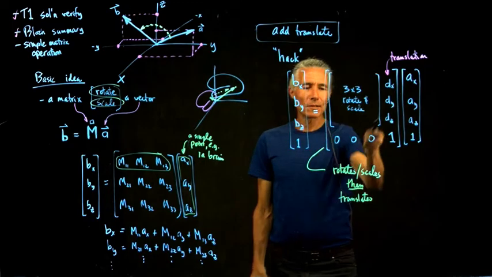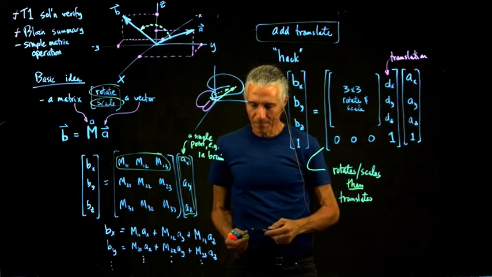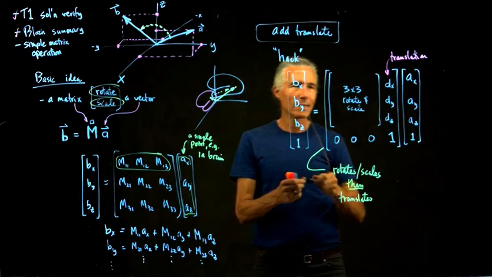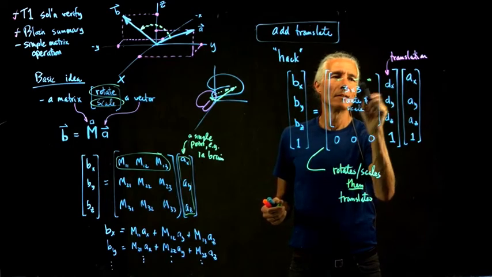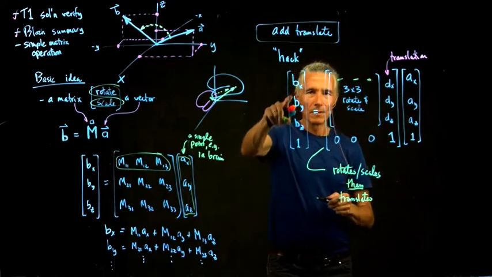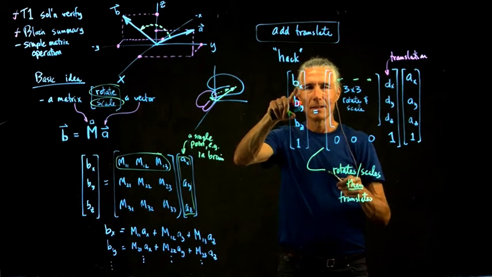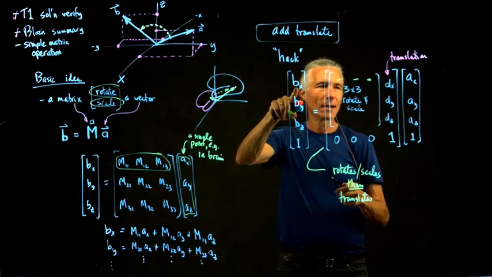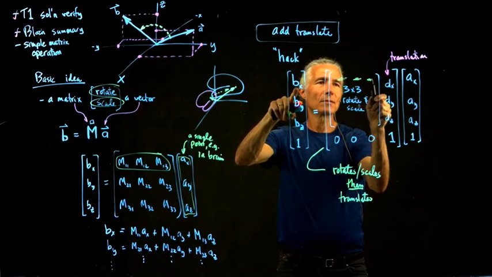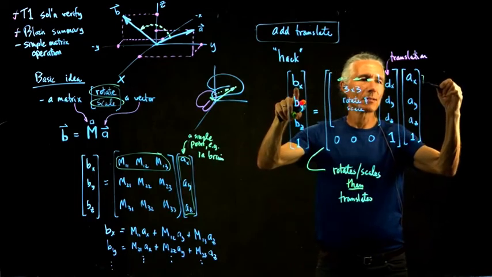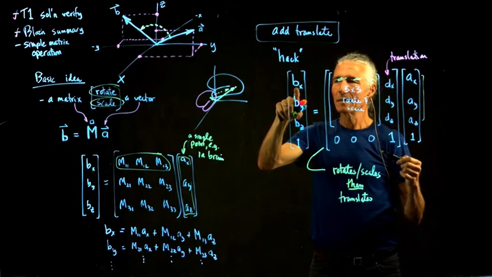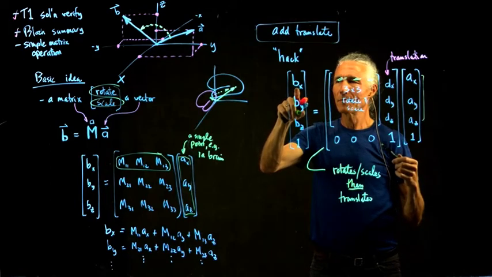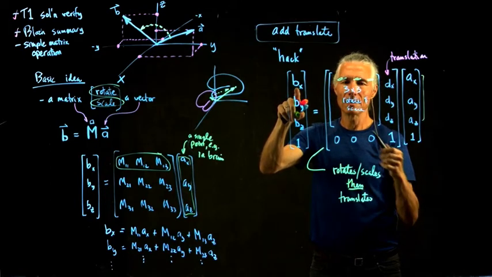When you look at one of the multiplications, you can see why that is. There are 3 numbers here, so when we're calculating BX, how do we do that? We take these 3 numbers and multiply them by these 3 numbers, and that does the rotation and scaling of the X component.